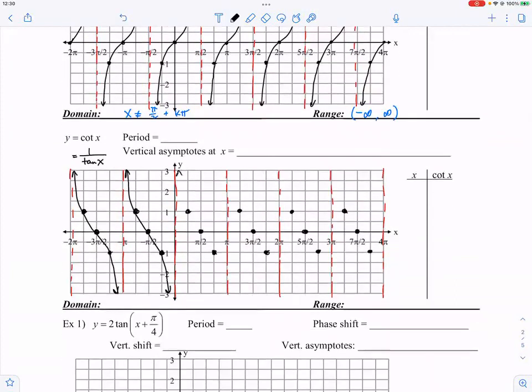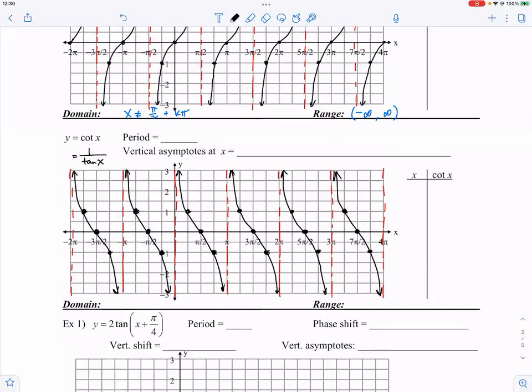Now, after you started drawing these lines, you may say, hey, it looks like a reflected tangent graph. I would say, yeah, it sure does look like a reflected tangent graph.